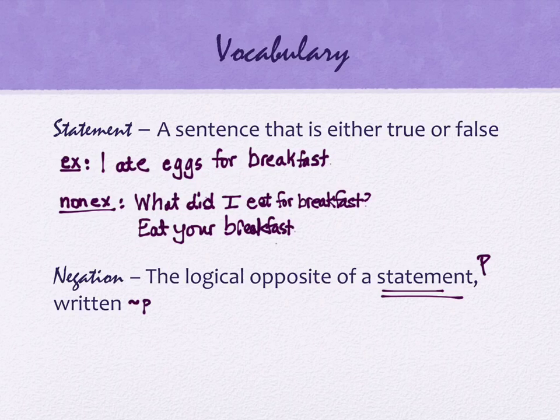Now, sometimes negations are very easy. For example, if the statement is the one that I originally gave you, I ate eggs for breakfast, what would be the negation of that? I did not eat eggs for breakfast. That simple, right? Very simple one.